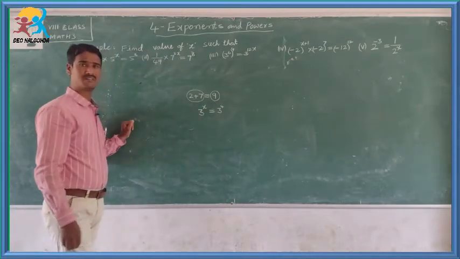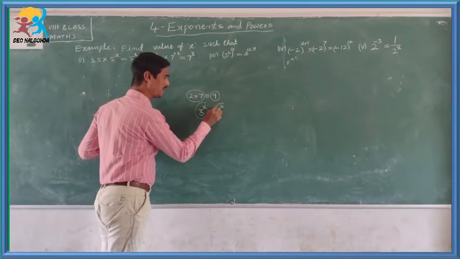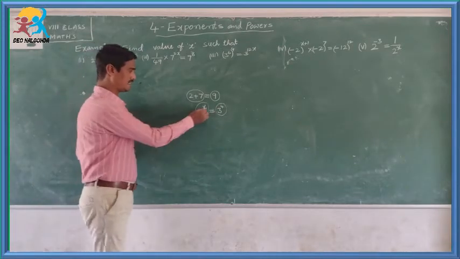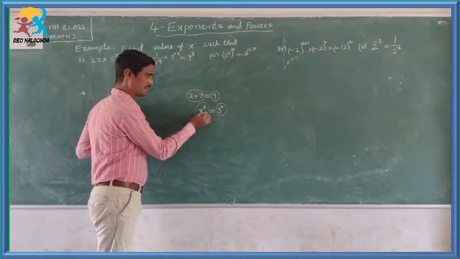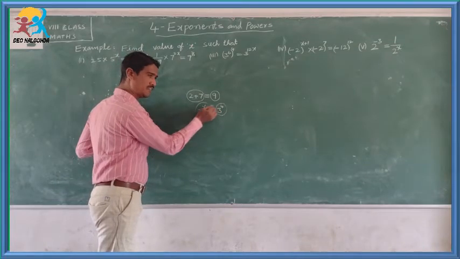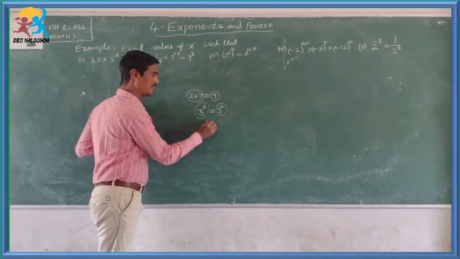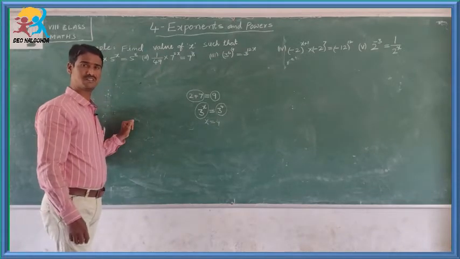The two powers should be equal. In this, the bases are equal, so the exponents must be equal. So, what is the x value? X value equal to 4.